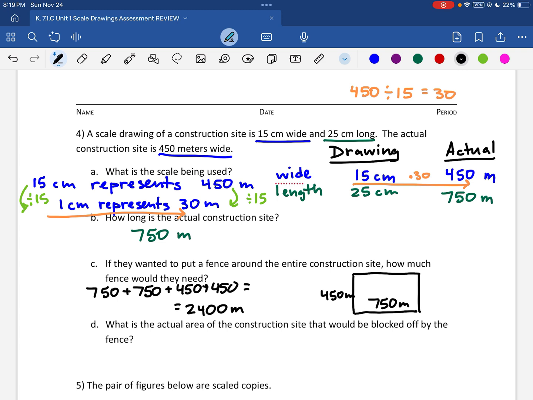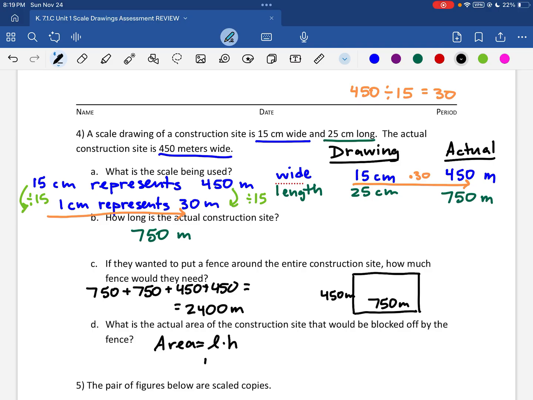The next question is, what is the actual area of the construction site that would be blocked off by the fence? So I'm asking, what's the area? If there is fence going around here, all of this area is inaccessible. So how much area is that? Again, area, remember, is simply length times width, or base times height.